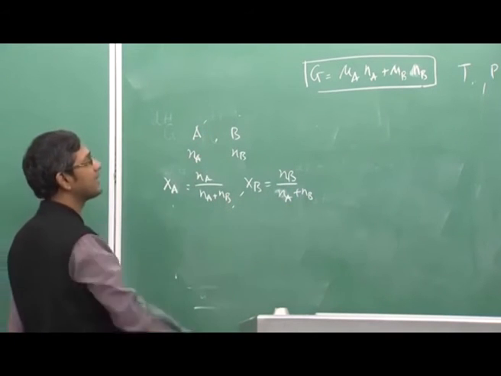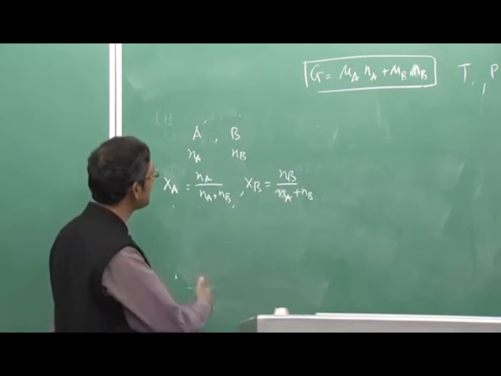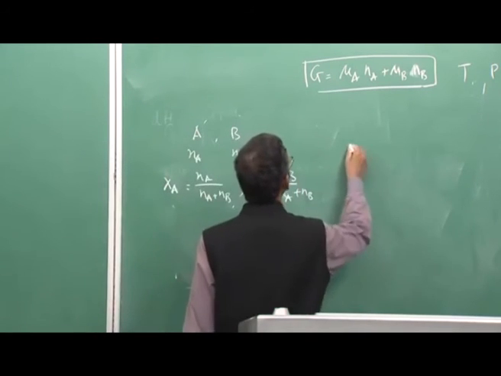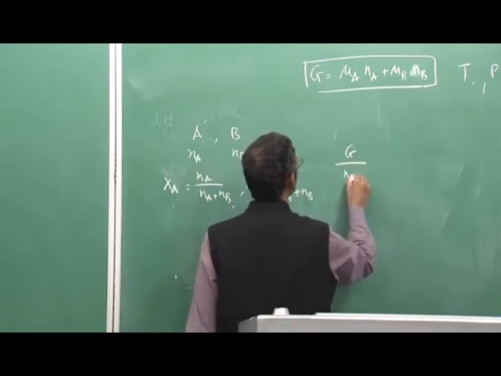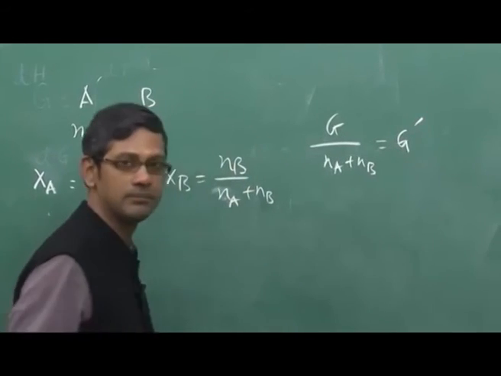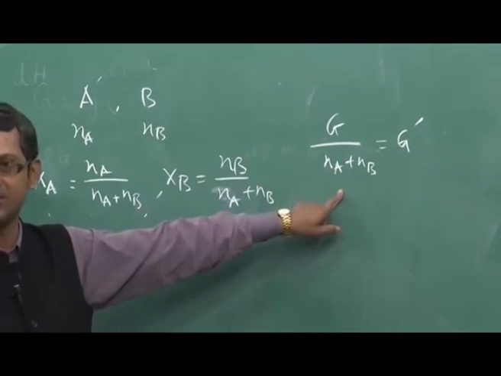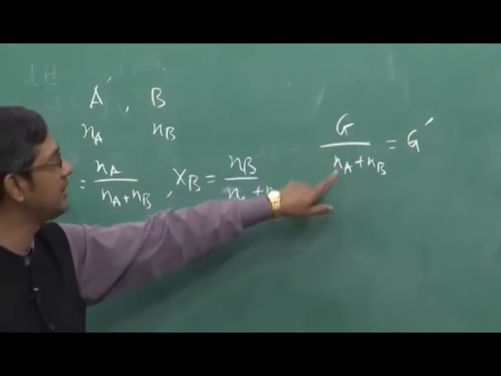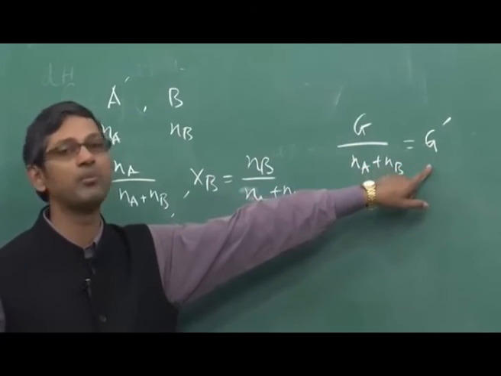So we can actually change this G expression, very simply. If I divide G by Na plus Nb and call this G prime, that means this is on a per mole basis. This is the total free energy; if I divide it by the total number of moles it becomes per mole basis.